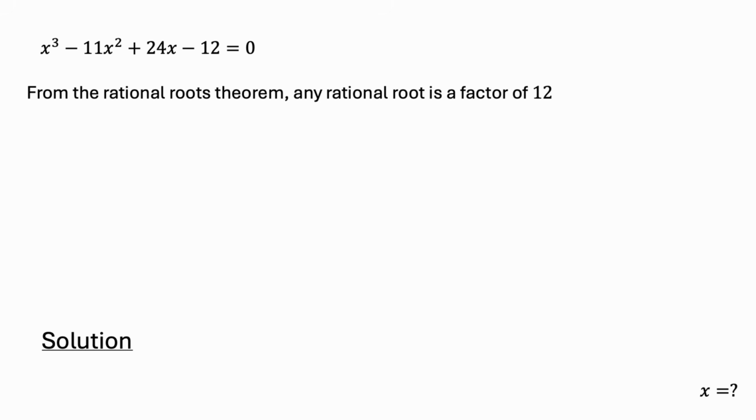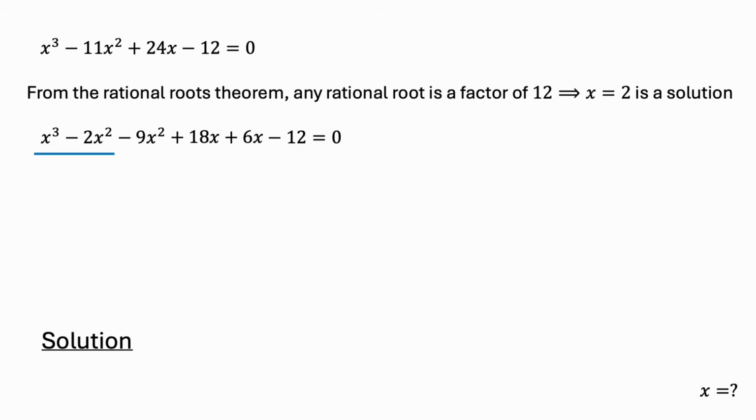By the rational roots theorem, any rational root is a factor of 12. Testing shows that x equals 2 is a solution. With this in mind, let us write minus 11x squared as minus 2x squared minus 9x squared, and write 24x as 18x plus 6x. We then factor x squared from these terms to obtain x squared times x minus 2.